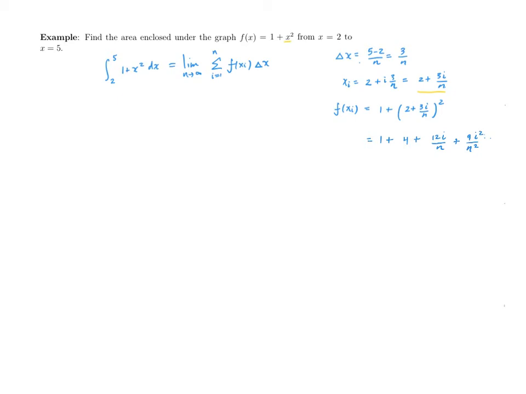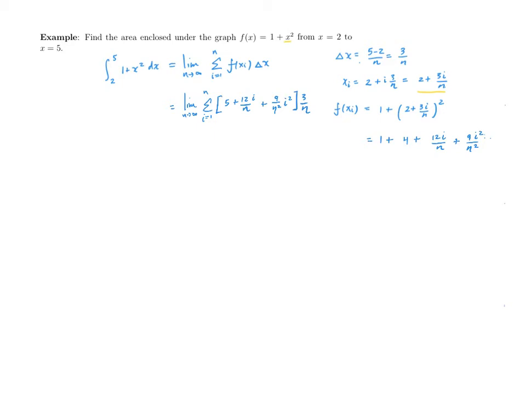So substituting this into our summation, we have the limit as n approaches infinity of the sum from i equals 1 to n of f of x sub i, which is 1 plus 4, which is 5, plus 12i over n, plus 9 over n squared times i squared, all times delta x.